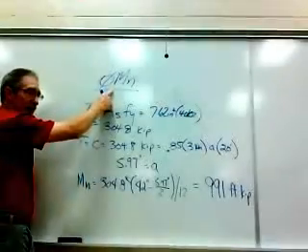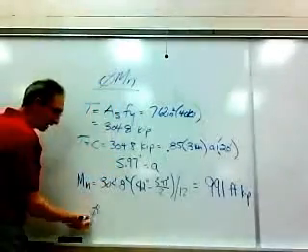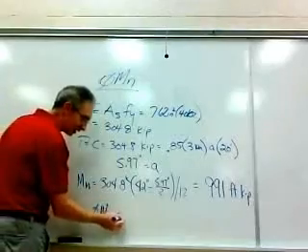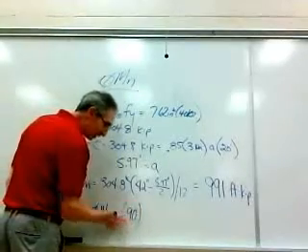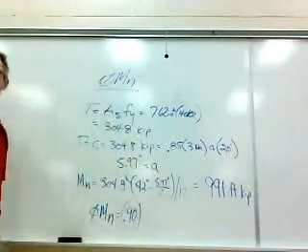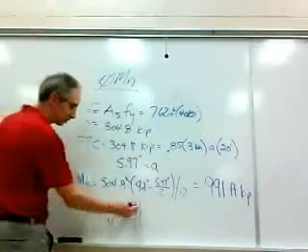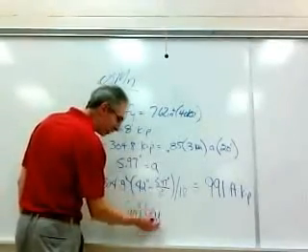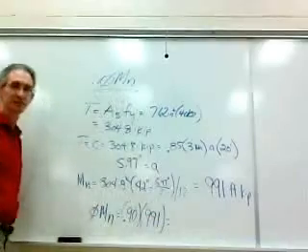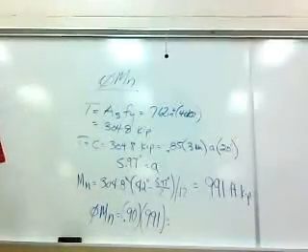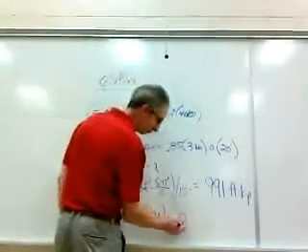We want phi Mn. We want design capacity. So design capacity, our resistance factor is always 0.9 for bending. Multiply that by 991, what do we get? 892.